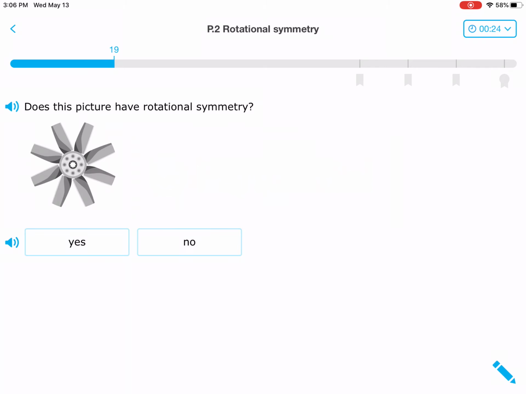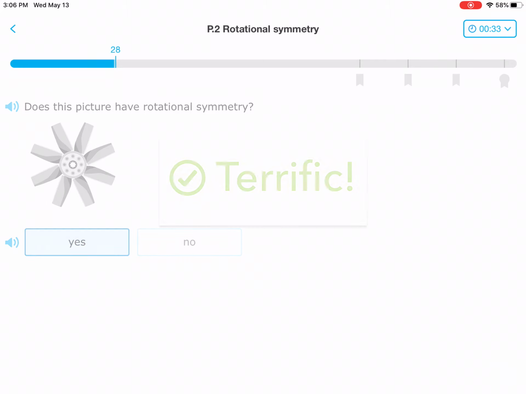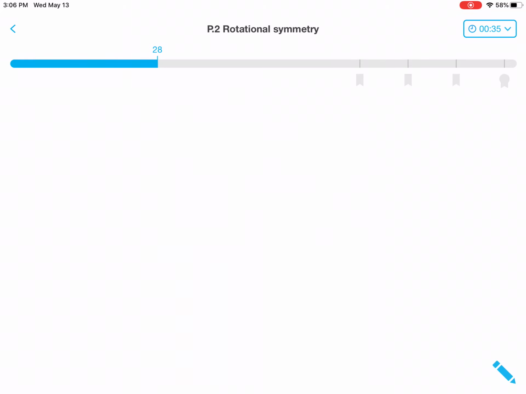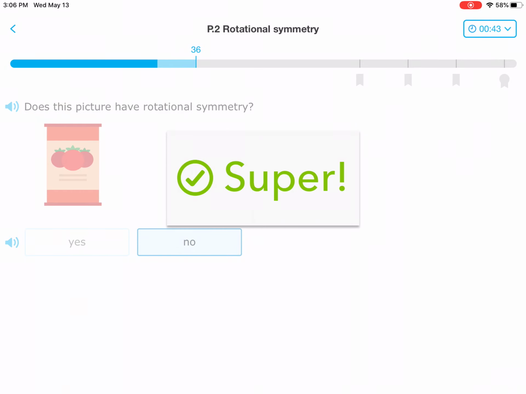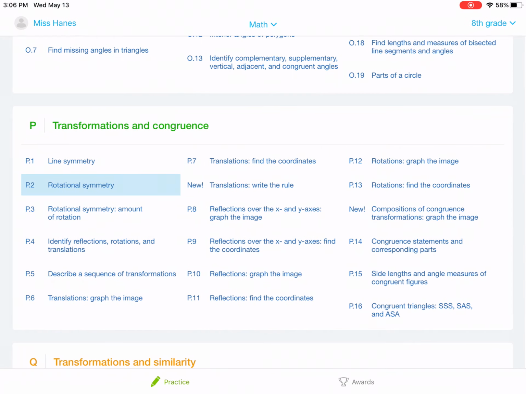Does this one have rotational symmetry? Yes, because most objects that are round, when you rotate them, they're going to be on top of each other again. Does this have rotational symmetry? No. If I turn this can, it's not going to be the same. Okay, that should be pretty easy as well.